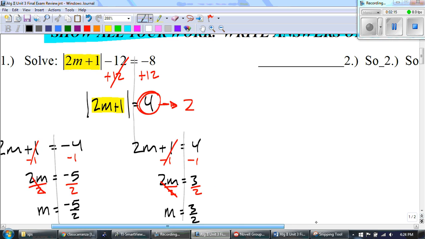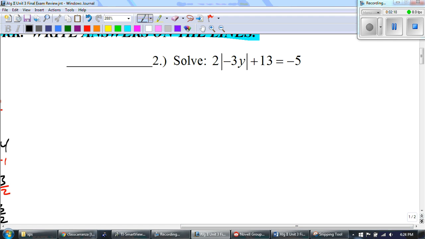Number 2. Once again, I need to get the absolute value by itself before we figure out how many solutions it has. So I'm going to subtract the 13 because I'm following the rules of SADMAP. 2 times the absolute value of negative 3y equals negative 18. The absolute value is not by itself.